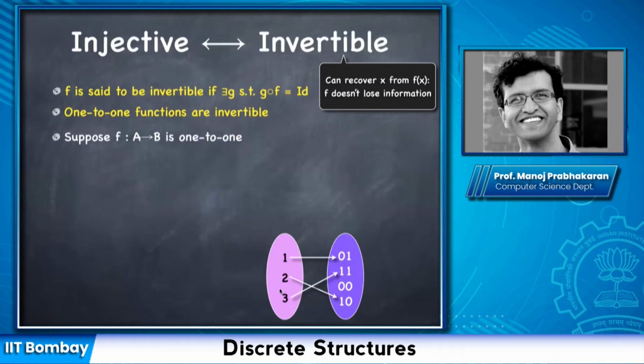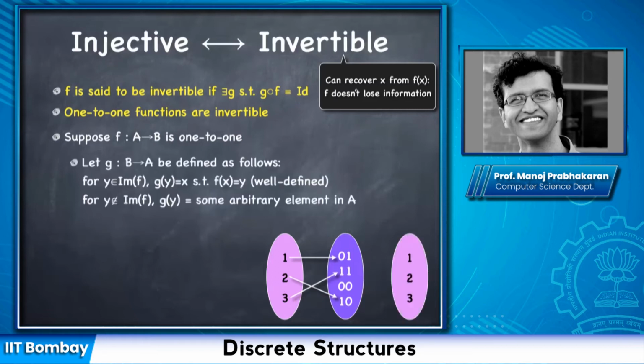Let's see why it is invertible. To show that it's invertible, I need to define a new function g, and I didn't specify here explicitly what the domain and codomain of g are, but they are going to be just the reverse of what f had. The domain of g will be the codomain of f, so that we can do the composition.